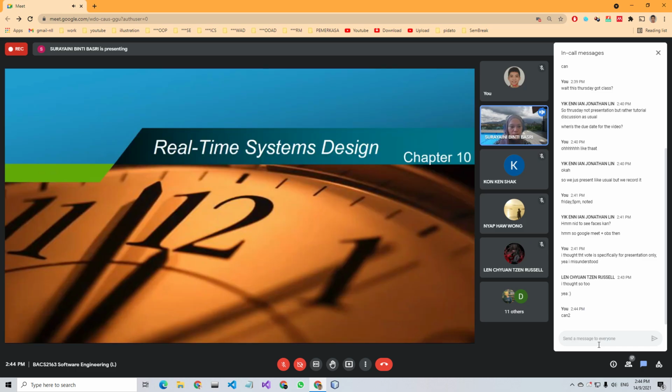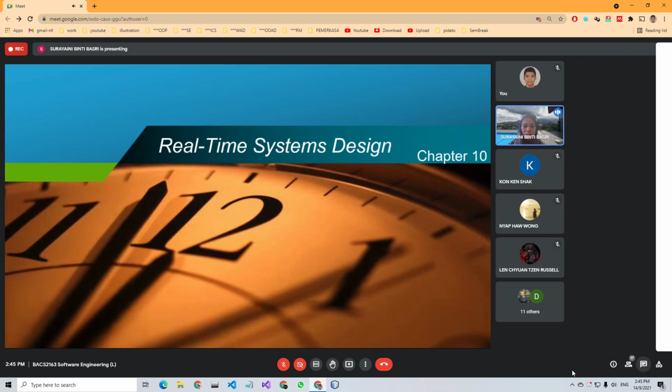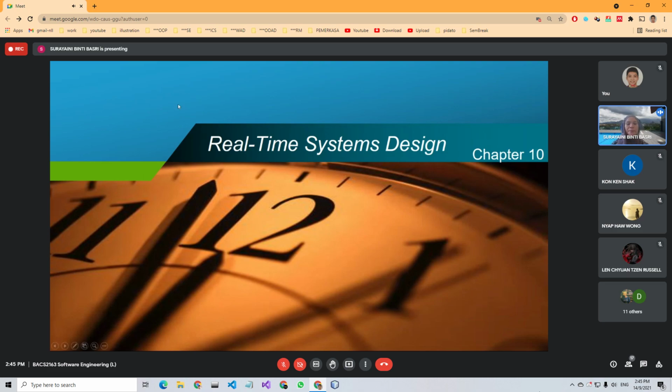Okay, so this week we will cover real-time system design. In the design stage, like I said just now, if you see the mind map, we have learned the UI design, the architectural design, and then the real-time.